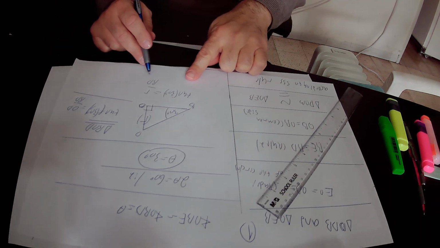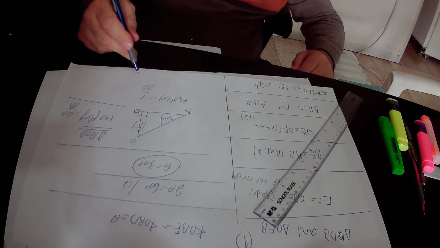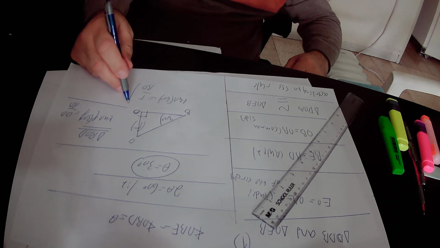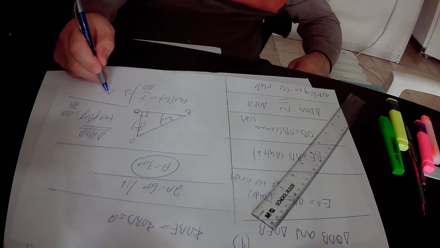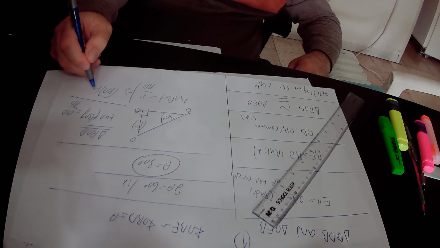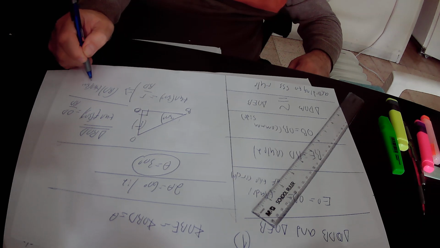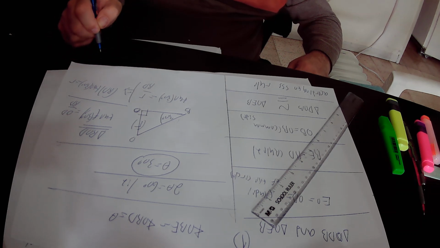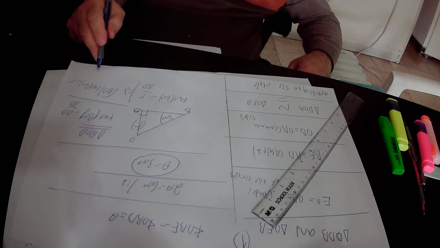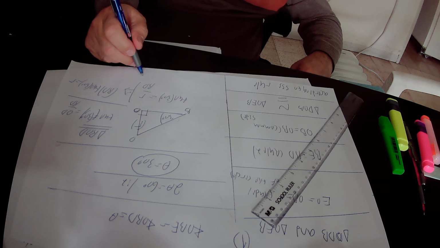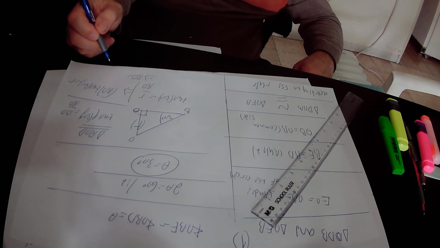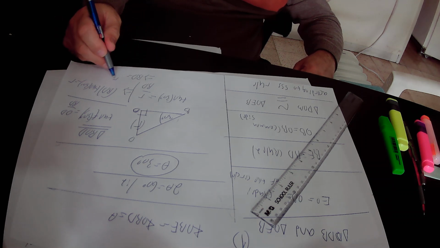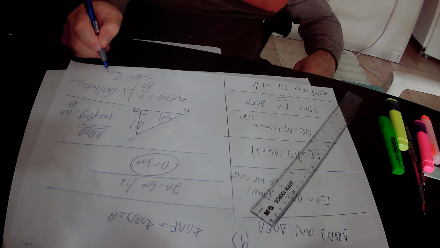Here we will multiply this equation by BD and we will get that BD times tangent 30 degrees equals R. Here we will divide this equation by tangent 30 degrees and finally we will get that BD equals R over tangent 30 degrees.